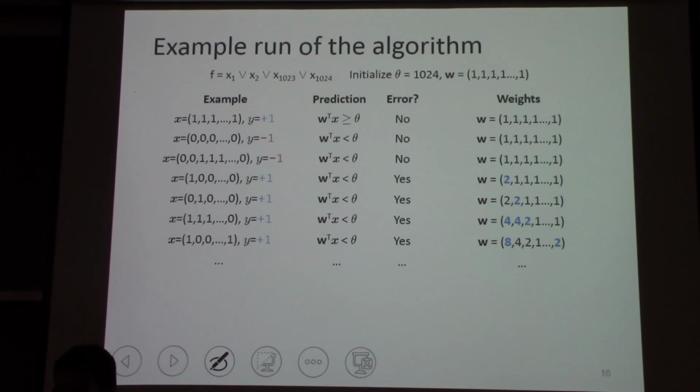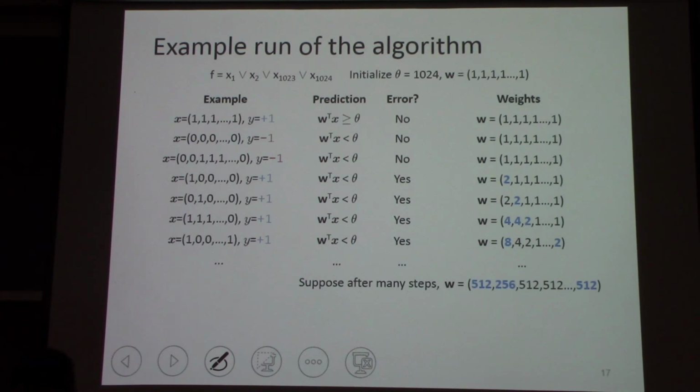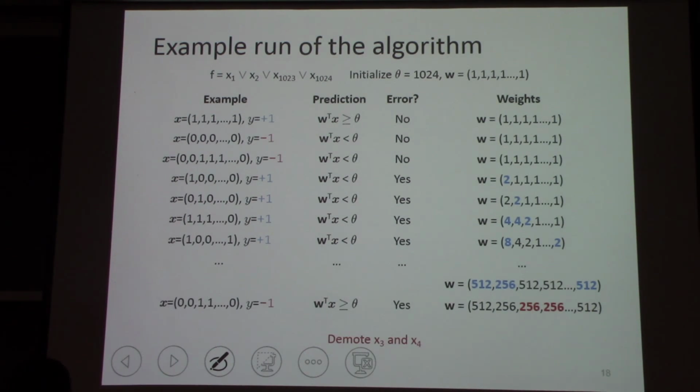And we keep going on, and just to illustrate, let's look at a case of a demotion. Let's say that after many steps, we get to a weight vector that looks like this. We get a new example, and suppose for this example, all the relevant features, the first two and the last two, are off. I don't even know what's in these dots.